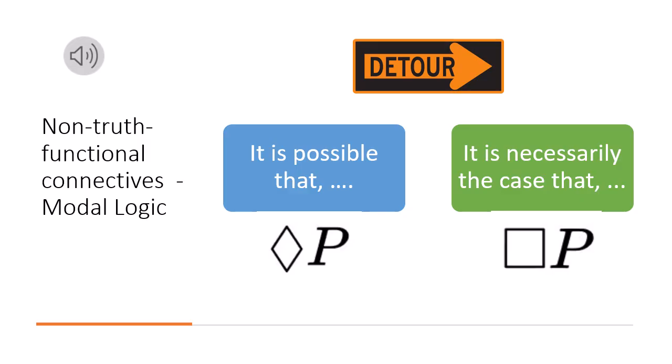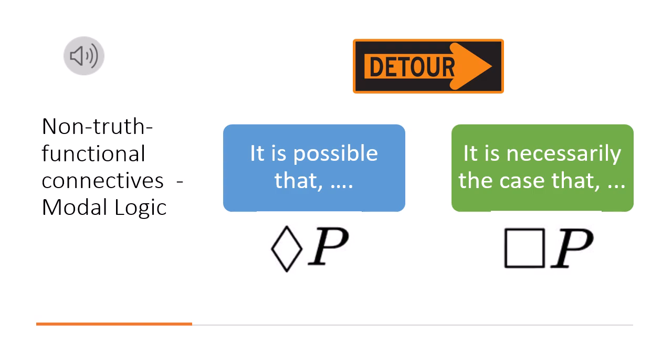The book doesn't really call them out as modal logic, but if you're interested, you can do a quick Google search and you'll find the idea of modal logic, which extends first order logic with two connectives that are not truth functional in nature. We won't include those in our setup, but let me just point out how they're not truth functional.